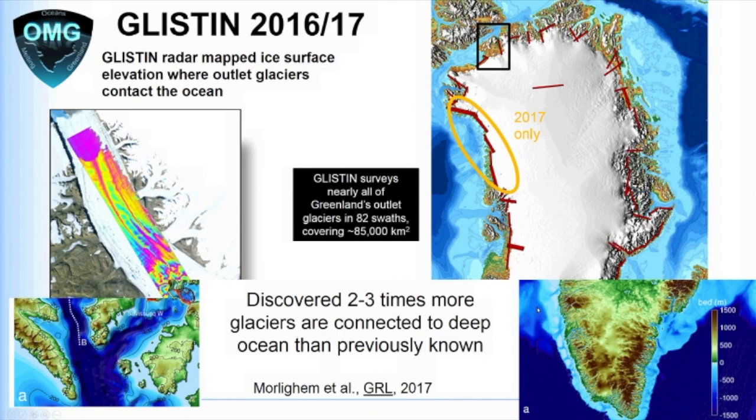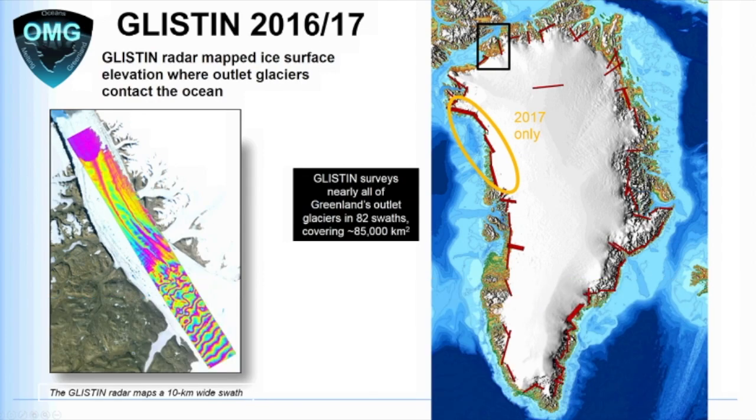This is what the GLISTIN survey, the ice survey, really looks like. The red lines here are all the 2017 lines. We also have 2018 lines over these now. And the data looks something like the panel on the left. This is a wrapped color scale, so every 50 meters it repeats.